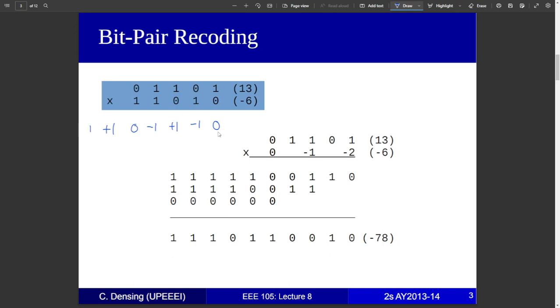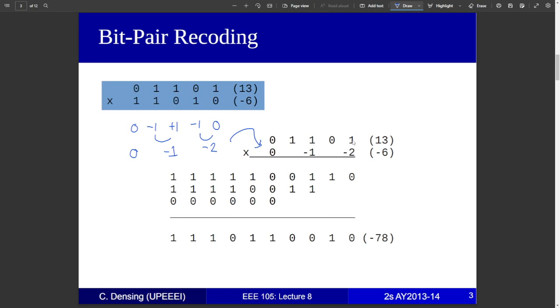And what you have here is that these two become negative 2. These two become negative 1. That's negative 1 times 2 plus 1. And then these two become a 2, actually. But I forgot: if you're doing Booth representation, you throw away the last 1 because that's the sign bit. So actually, you just have a 0 right here. So in terms of bit pair encoding, that's 0, 1, 0, minus 1, minus 2.